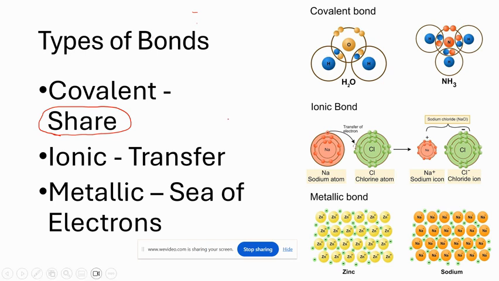Ionic bonding, then, which is your next box on your notes, involves the transfer of electrons. So an electron from one atom is going to get transferred and accepted by another one. And when that happens, they end up being charged differently. This is a positive charge. This is then a negative charge because it accepted an extra electron.